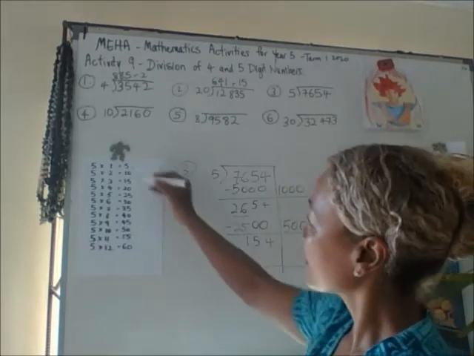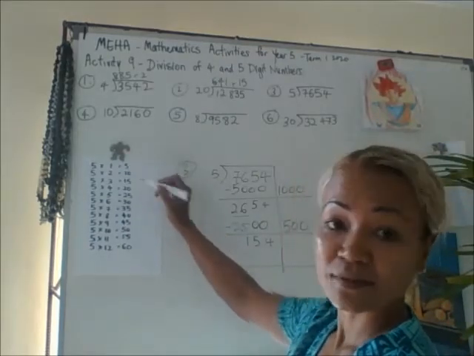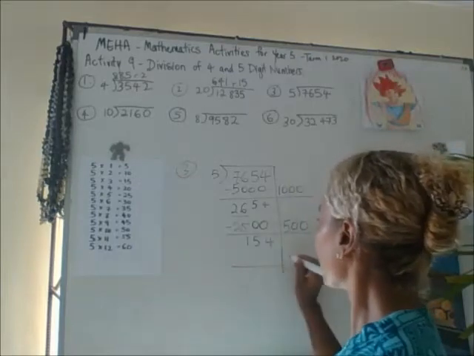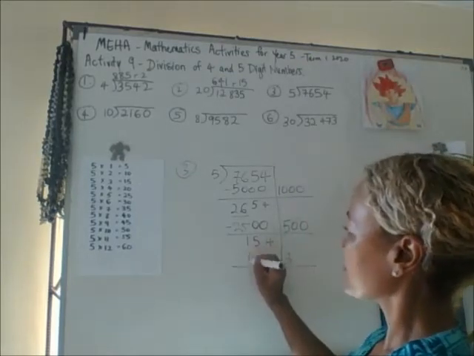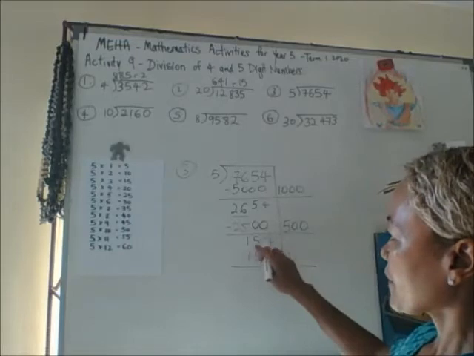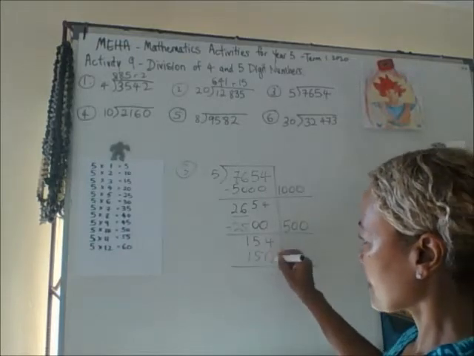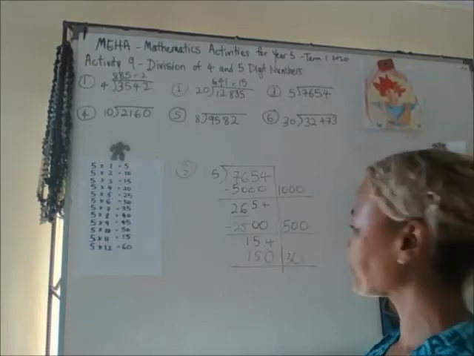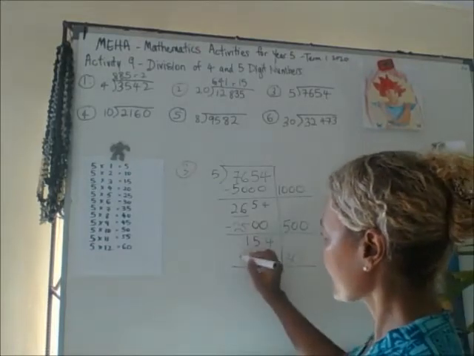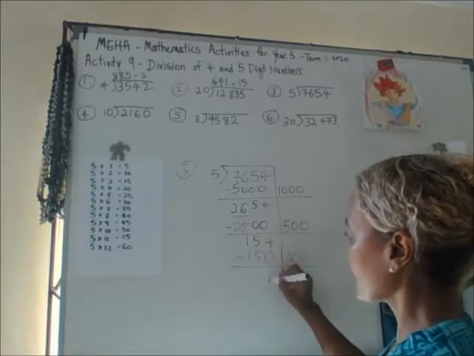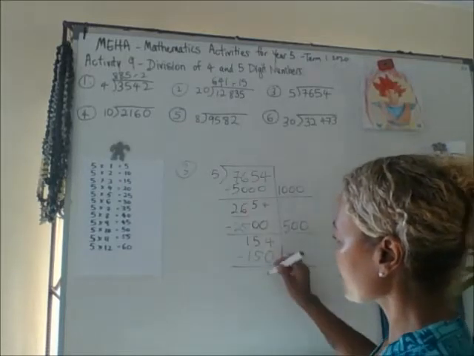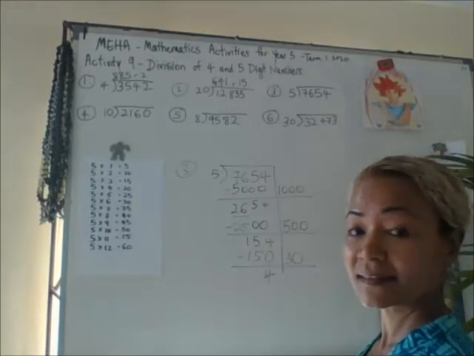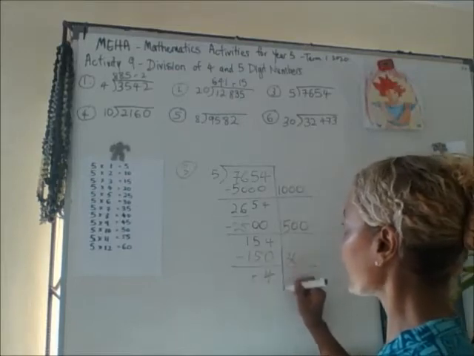Yes, it can. 5 3s are 15. 3 digits on top, only 2 here. Make it 3. Add the 0 on this side as well. Subtract that, you're left with 4. Can 5 go into 4? No, you can't. So you know now this is the remainder.